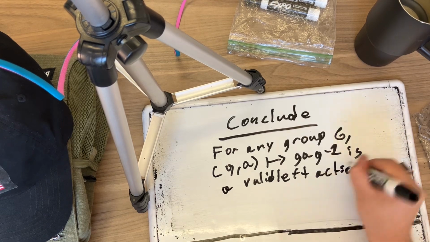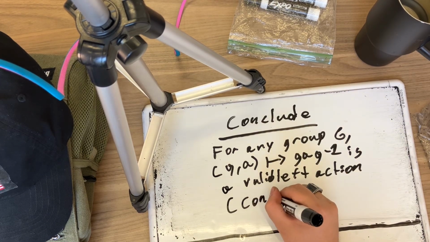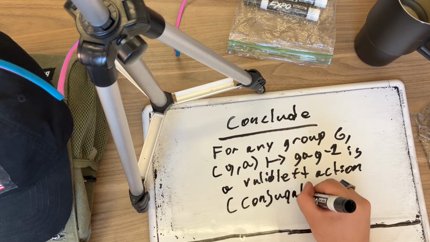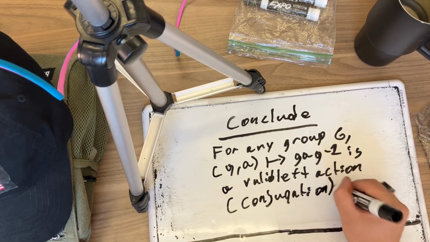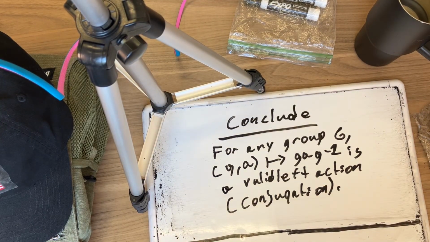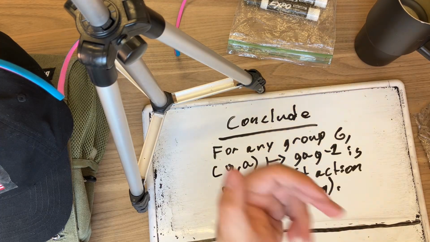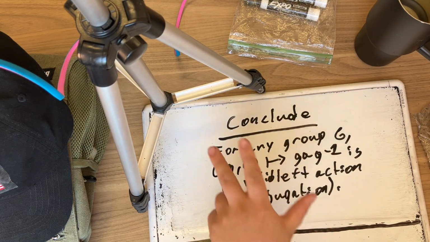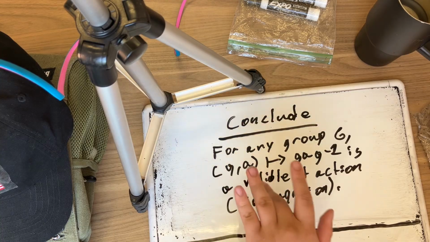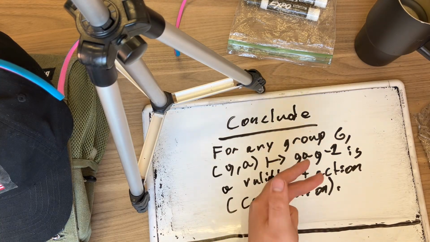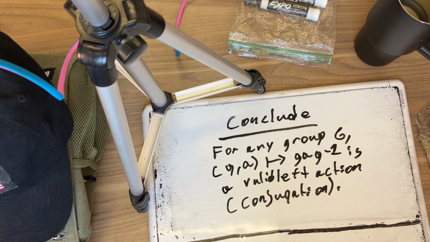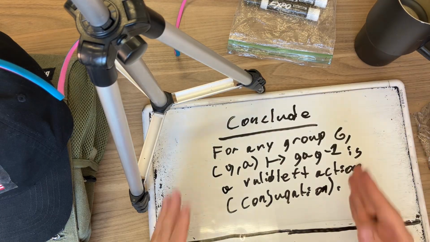So let's sandwich it, such that g on the left, g inverse on the right, associativity does the rest, right? So that's our concluding statement.